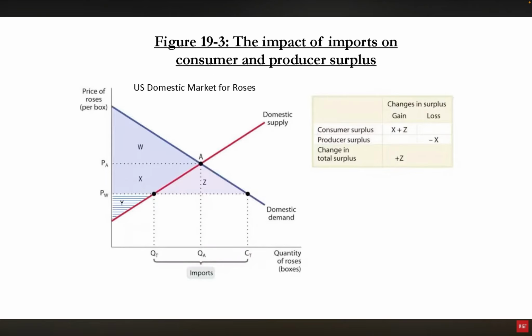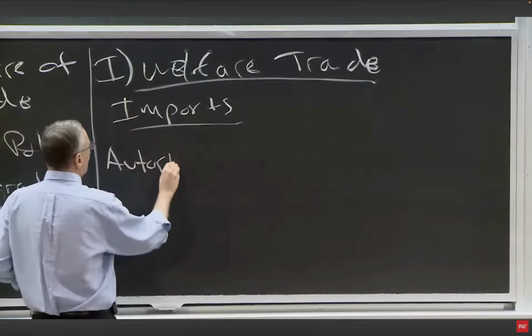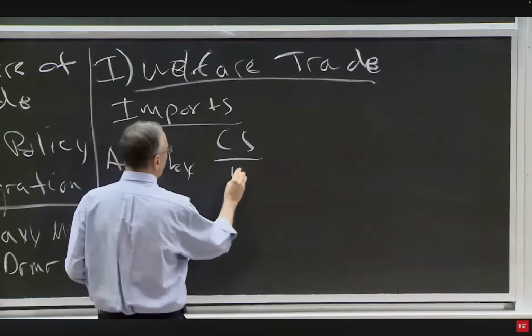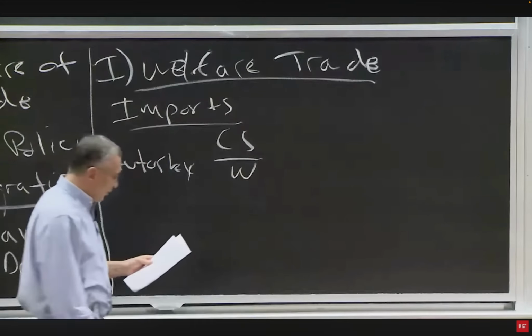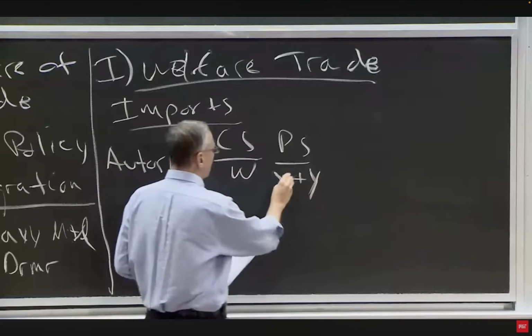Well, here what we have is, initially we start with domestic supply and domestic demand. Before trade, we have QA roses being sold in the US at a price PA. So the pre-trade consumer surplus, under autarky, consumer surplus is W, and producer surplus is X plus Y. Okay?